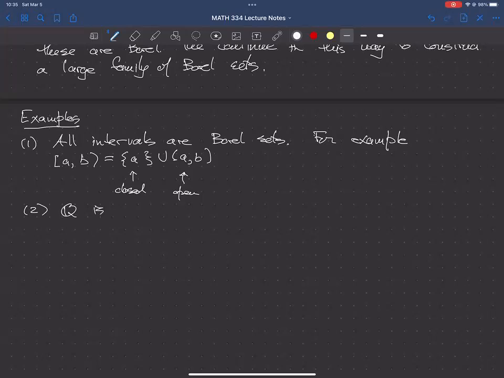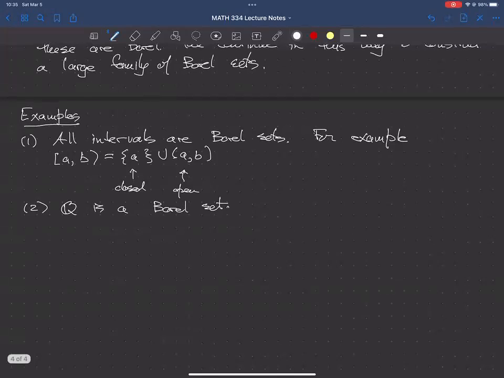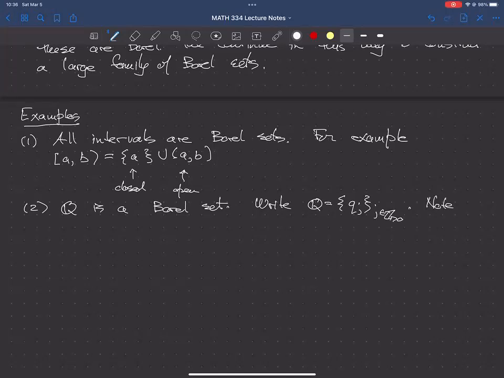Q is a Borel set. Okay. And why is that? That is for the following reason. So write Q as some countable collection of Q's like so. Okay. Note that each of the singletons, Qj, is closed.